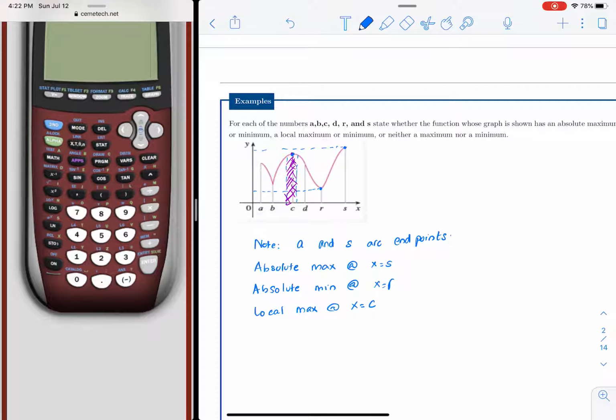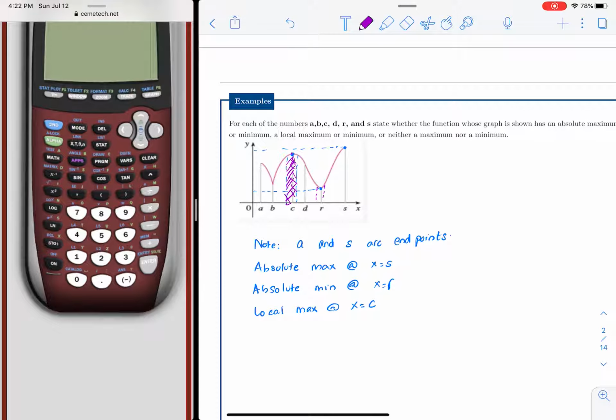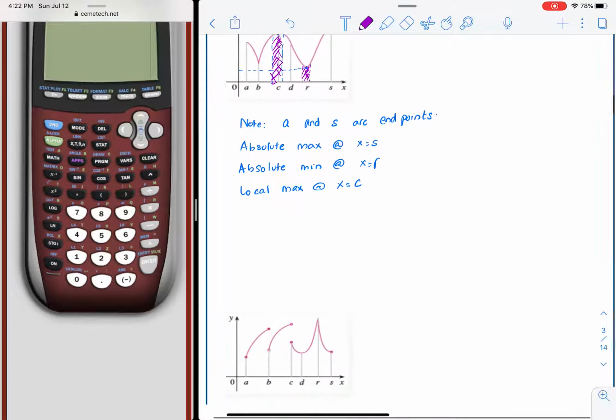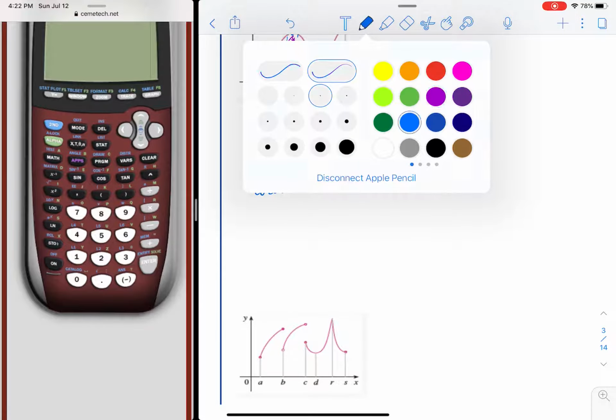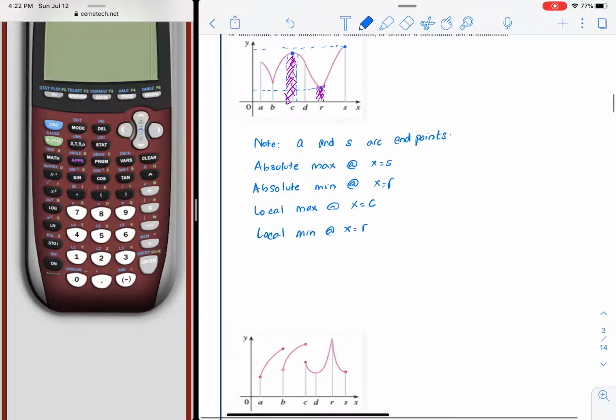Using the same logic, we could draw a line on either side of R, and we will see that in that neighborhood, in that tiny interval about R, that value at x is equal to R is a minimum. So that absolute minimum is also a local minimum, because it falls in the domain of the function.